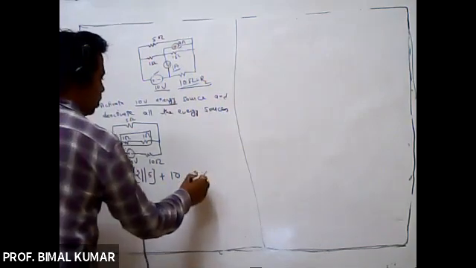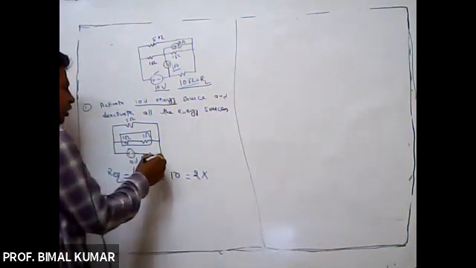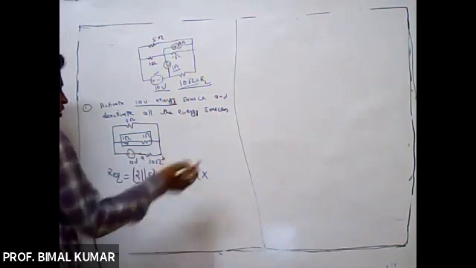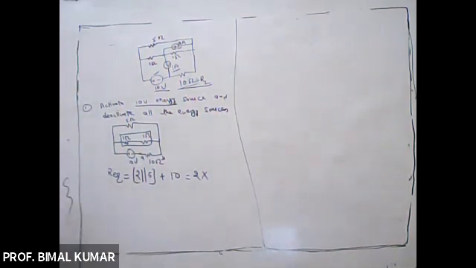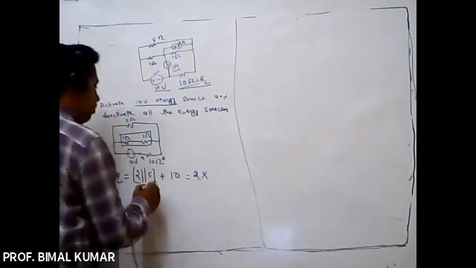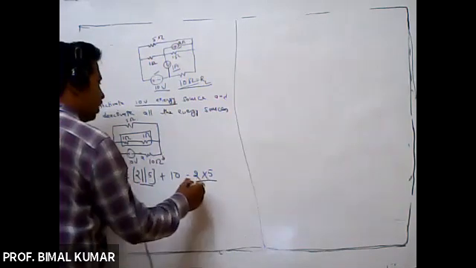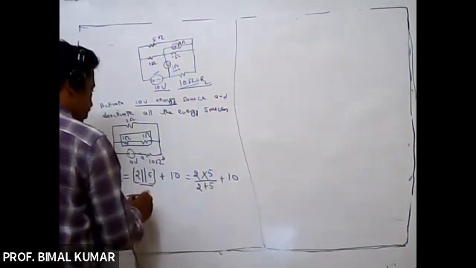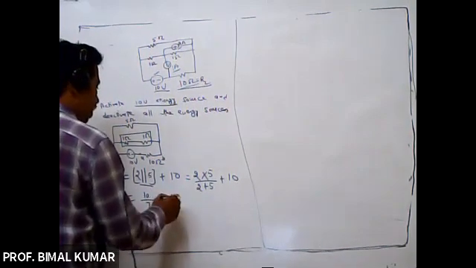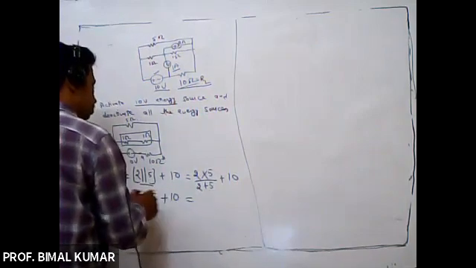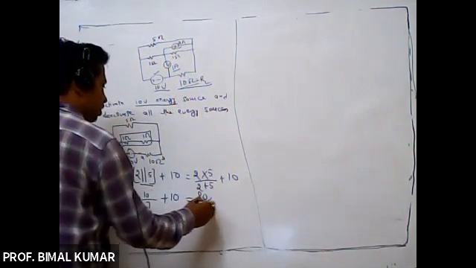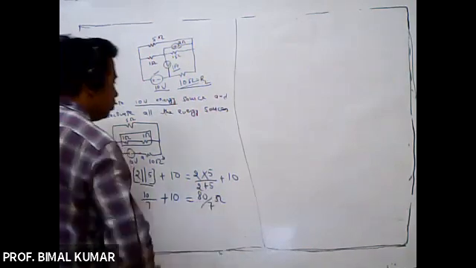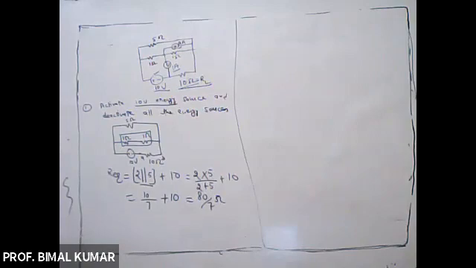Since I want to calculate the current in the 10 ohm resistance, this is 2 into 5 upon 2 plus 5, plus 10. So this is 10 upon 7 plus 10, which is 70 plus 10, 80 by 7 ohm. This is the R equivalent of the network.